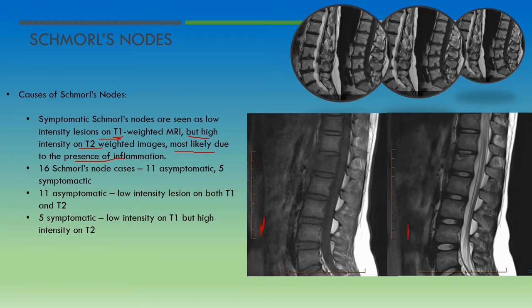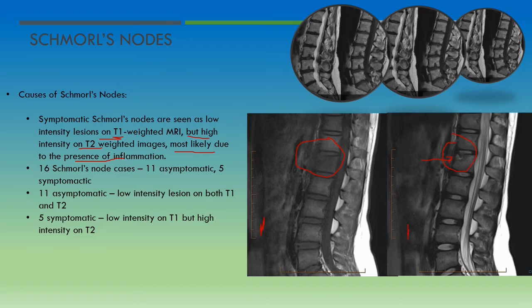And notice here up and around the region of T12-L1 we have a Schmorl's node which appears on T1 as a dark low-intensity lesion in contrast to the high-intensity lesion seen here on T2. And you can see this high intensity zone, HIZ, right here on the anterior superior aspect of the vertebral body. And this is due to the presence of inflammation here in the case of a symptomatic Schmorl's node.